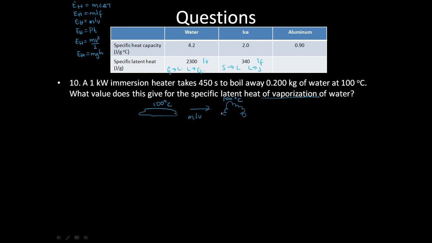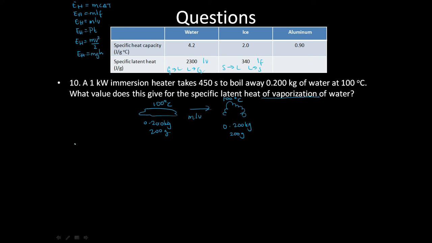The water is 0.200 kilograms, which is also 200 grams. We're going to do the two calculations, in joules per gram and in joules per kilogram.